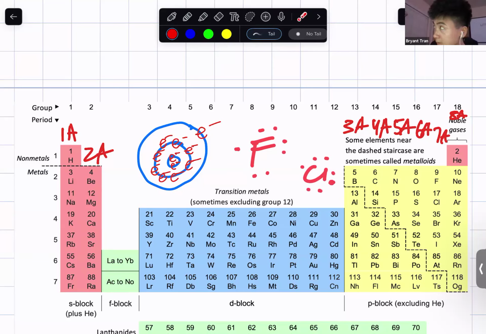The fluorine here, because it's a smaller atom, the valence electrons have less space to move around, less breathing room. Whereas chlorine is bigger than fluorine, so the electrons have more room, more space to breathe. That's why it's more stable.